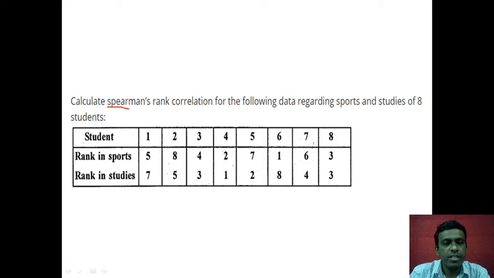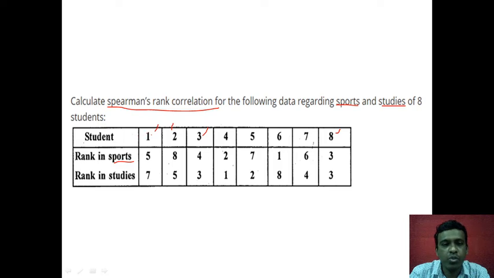Calculate Spearman's rank correlation for the following data regarding sports and studies of 8 students. There are 8 students, student 1, 2, 3, 4, 5, 6, 7 and so on up till 8. A rank in sports and studies is given, both are ranked.